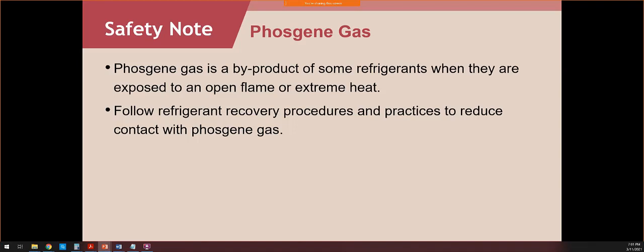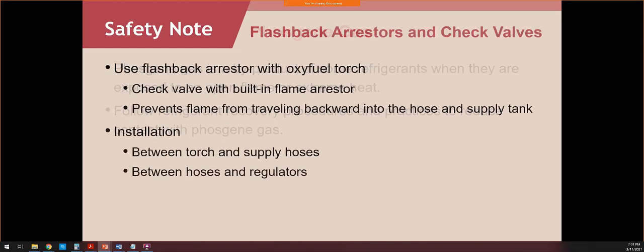Do we still want to heat up refrigerant? Absolutely not. But the dangers of actually creating a phosgene gas from modern equipment is almost nil. So just something to share with you guys, so you're not potentially scared of the phosgene gas when you're brazing.